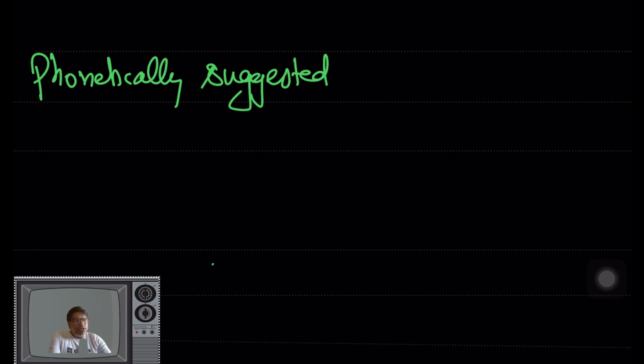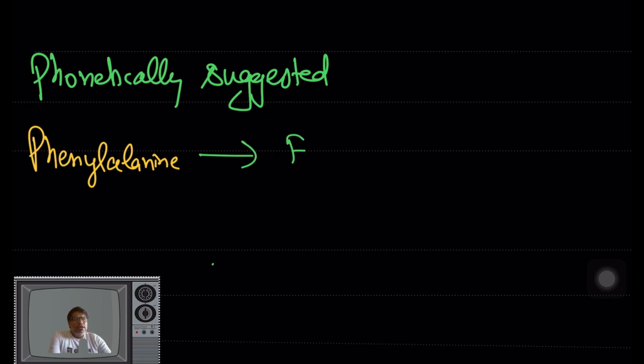Now, based on pronunciation also, some of the amino acids have been assigned a letter. In the case of phenylalanine, the sound starts with F, so F has been assigned to phenylalanine.